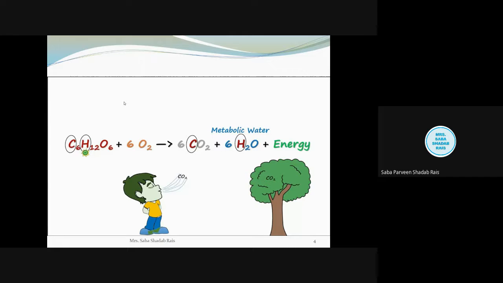But respiration includes breathing, transport of gases, as well as the oxidation of food, which leads to the elimination of carbon dioxide, which is toxic for our body, as well as the release of energy.